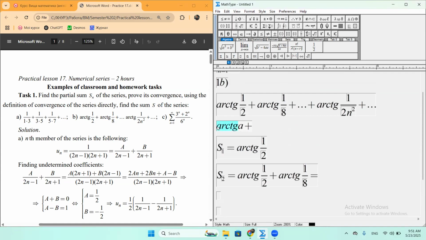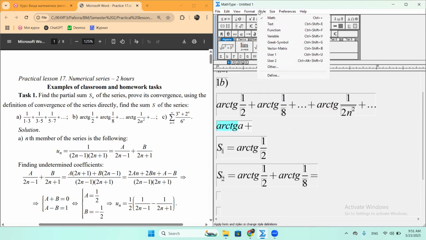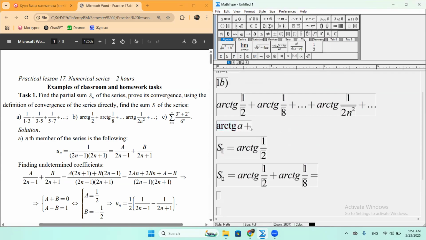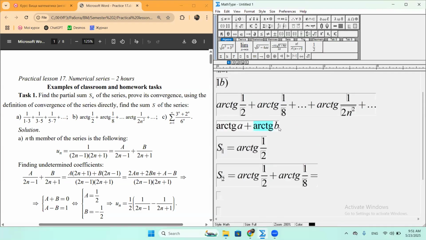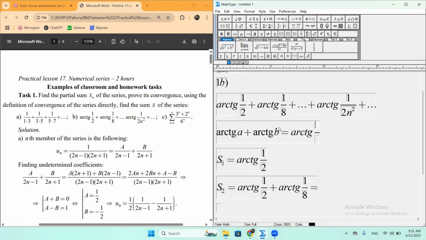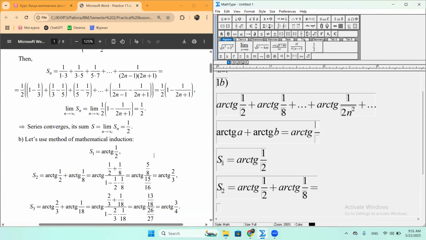Arctangent of A plus arctangent of B will be equal to arctangent of the following fraction. Let me check here, because I forgot it a little bit. So A plus B over 1 minus AB.